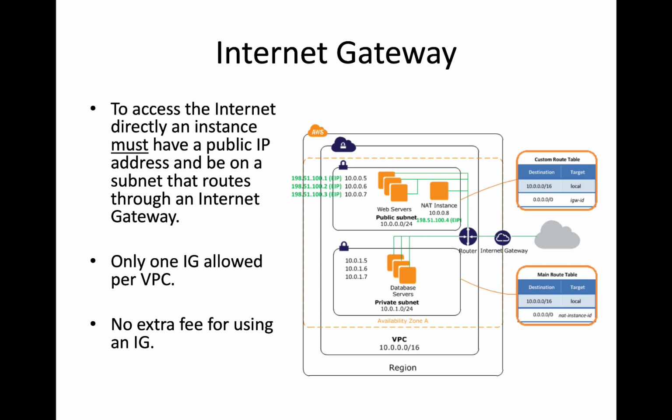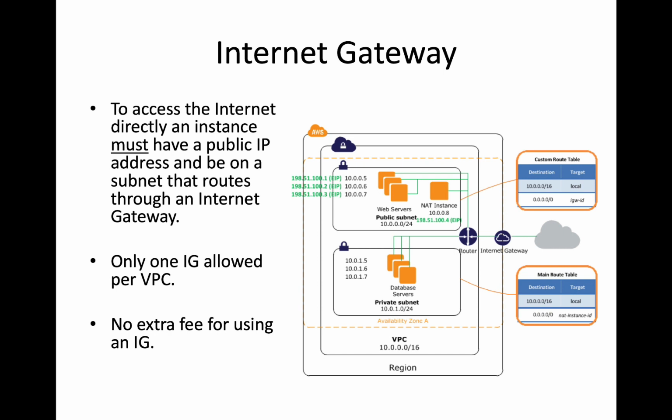So you have created a VPC. It's got one or more subnets in it. You launch an EC2 instance into a subnet in the VPC, and that EC2 instance has a public IP address.